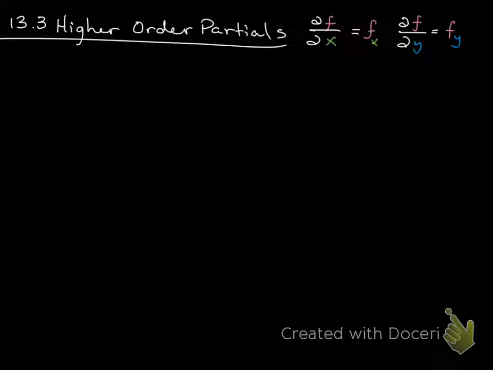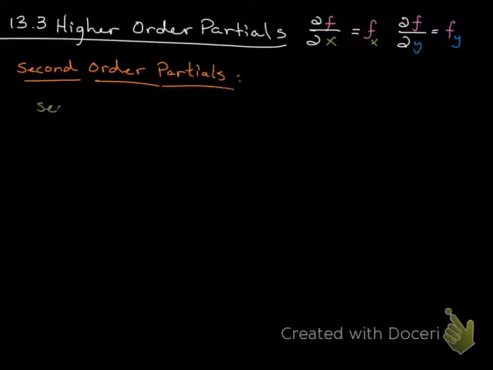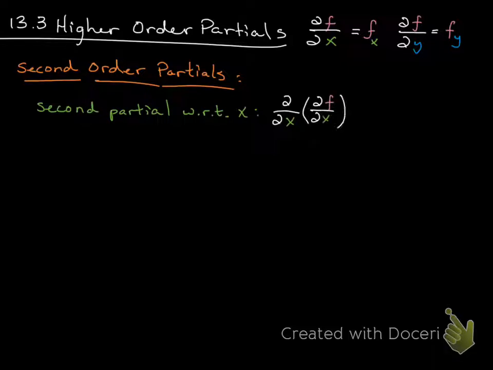Setting up just the notation here first, the second order partials. The second order partial with respect to x, I'll do in green. What we do here is we take a second partial with respect to x. So from the partial derivative of x, we take another, right?